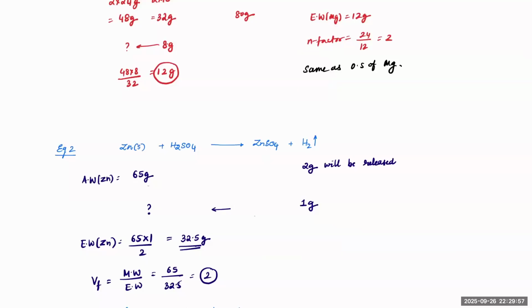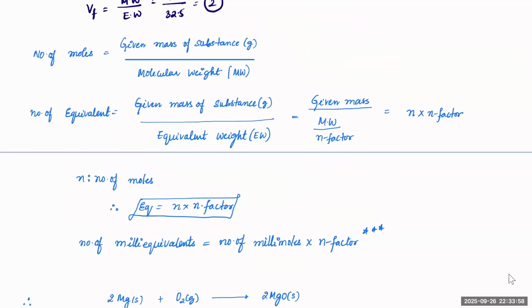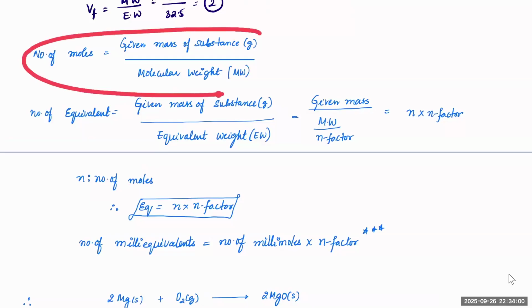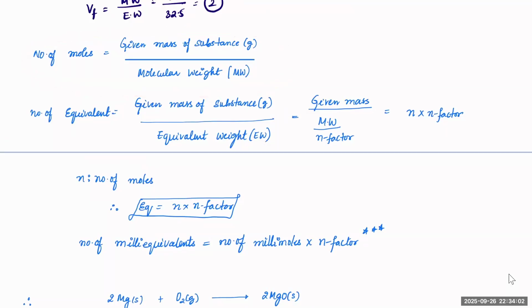Valency factor is the value that you divide by to get the equivalent mass of the element. Let me put it in a simple example. The number of moles is equal to the given mass of a substance divided by the molar mass. This is the definition. The number of equivalents is the given mass upon the equivalent mass.